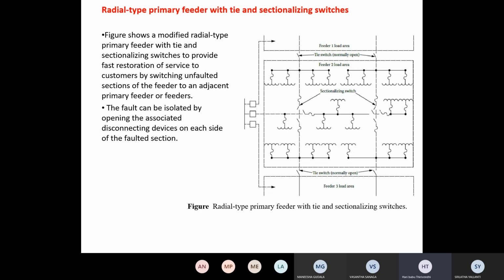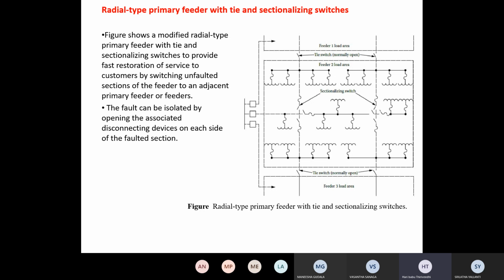Now suppose a fault occurs in the down section. We may close the tie switch.